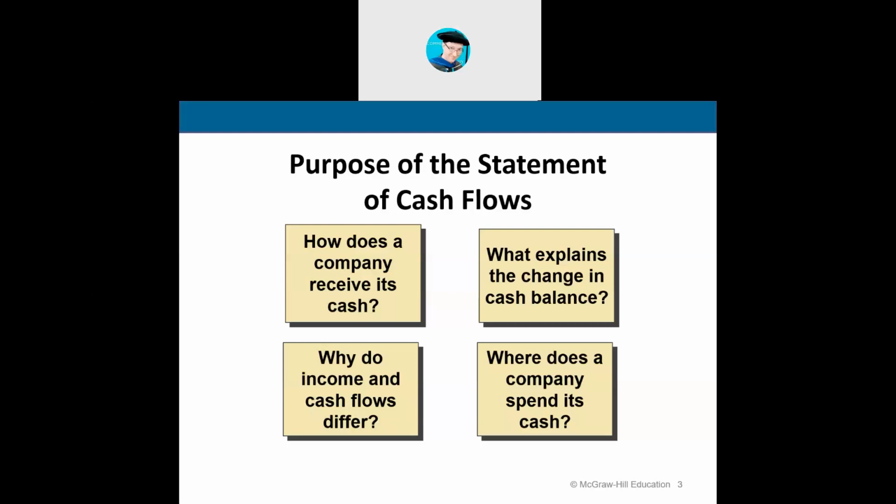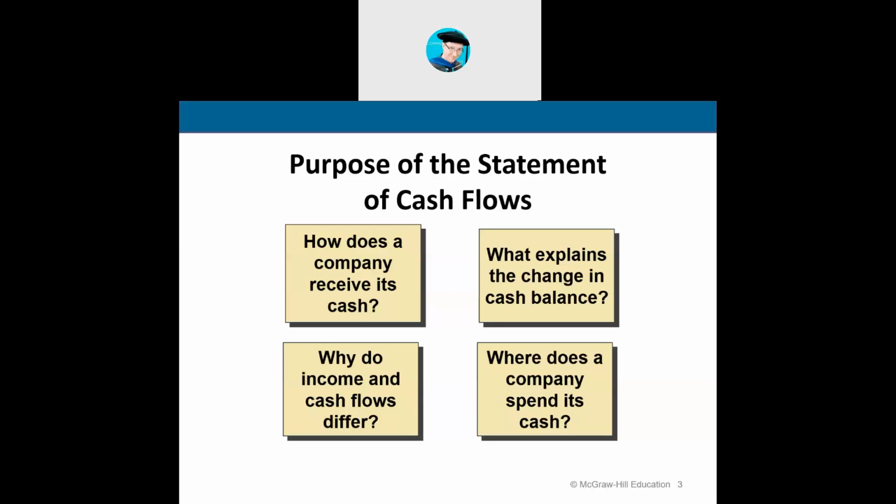The cash comes out of the business when we're paying our day-to-day expenses. We're paying our utility bills, we're paying our employees, we're paying our taxes, we're paying whatever else. The list goes on and on. We're purchasing supplies, cash going out of the business. Cash comes into the business from the sale of goods and services to our customers, either at the time of the sale or later on through accounts receivable.